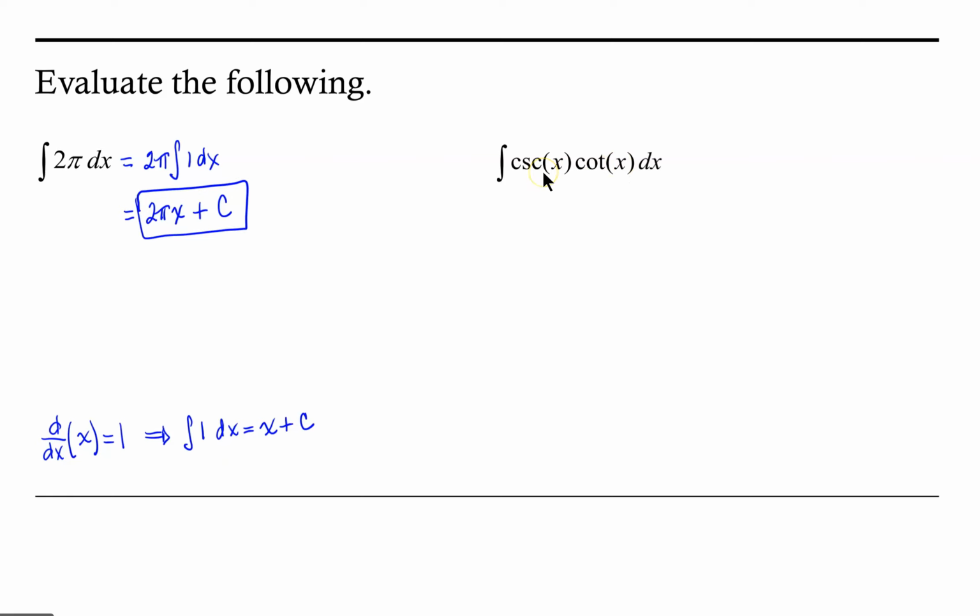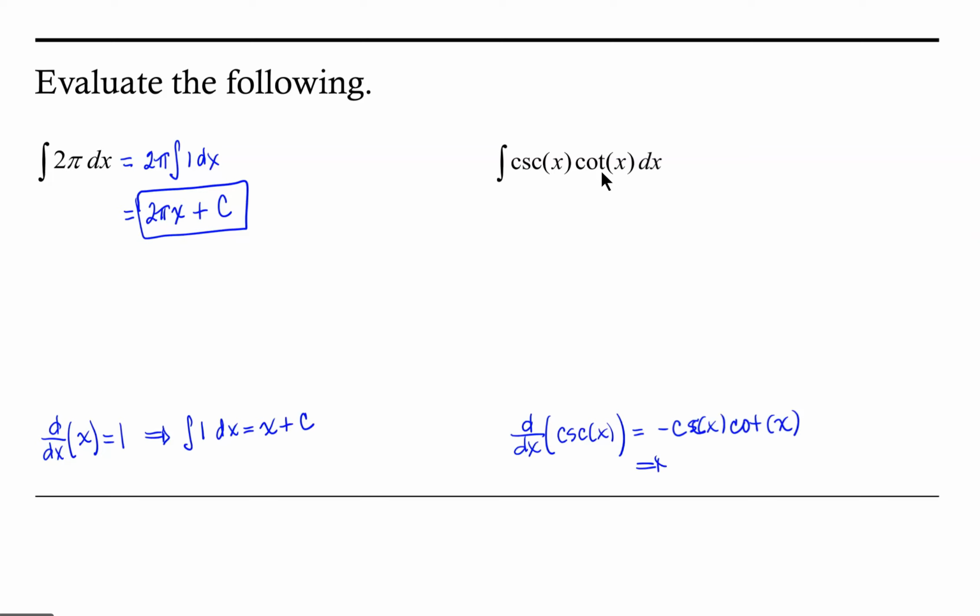Our second example here involves trigonometric functions. Notice that we have cosecant times cotangent. And we need to rely on what we know about derivatives with respect to the cotangent and cosecant function. Now, recall that the derivative with respect to x of the cosecant function is negative cosecant x times cotangent of x.